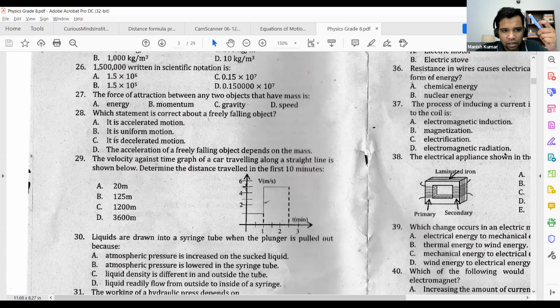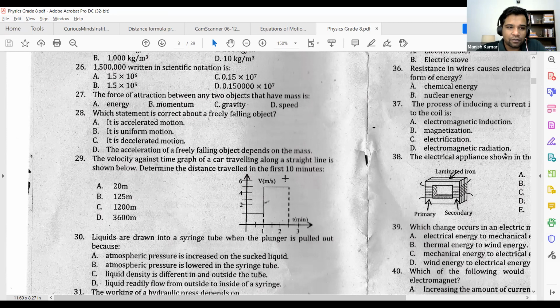I can read it from the graph. So between 1 minute and 2.5 minutes, the velocity is 5 meters per second. And between 0 and 1 minute, the velocity is 1 meter per second. And what after that? What is the velocity after 2.5 minutes?